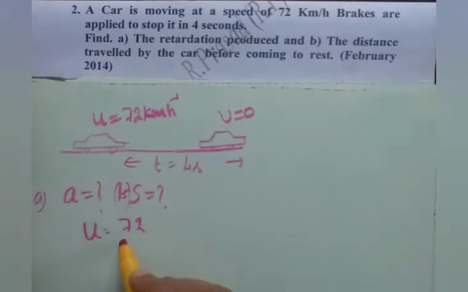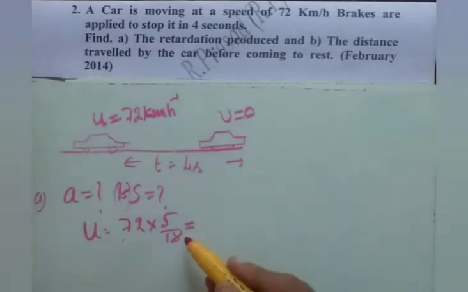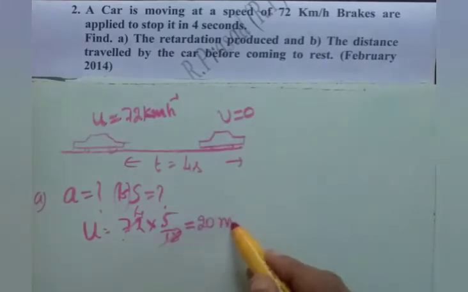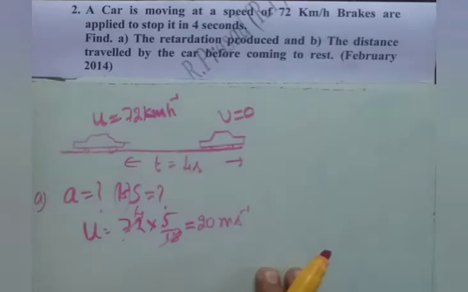As I said in the previous problem, you multiply by 5 by 18 and you will get it in meters per second. 18 fours are 72, so 20. U is 20 meters per second. We converted U into meters per second. Time is also in seconds. We are all set to start analyzing the situation.